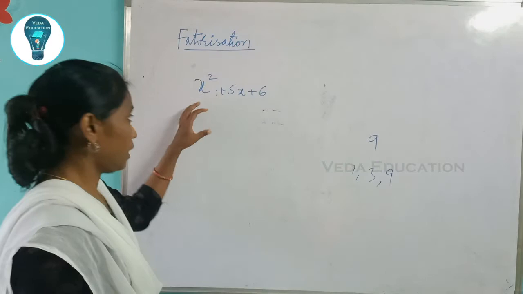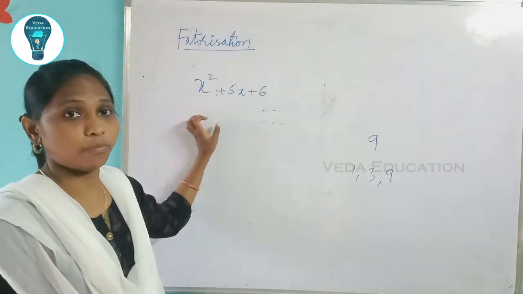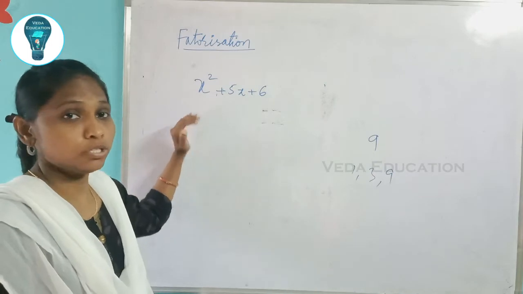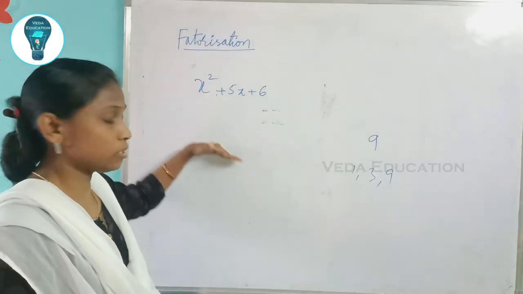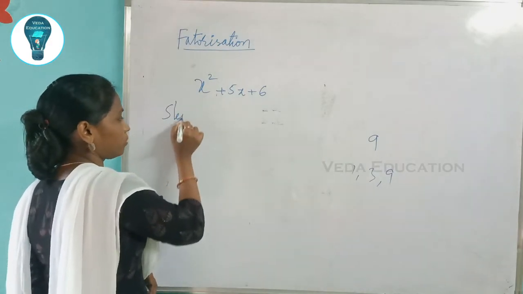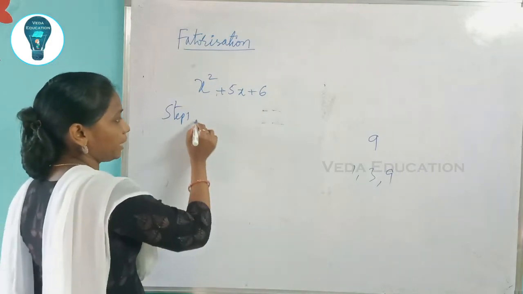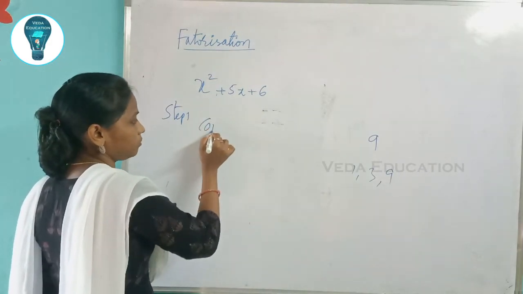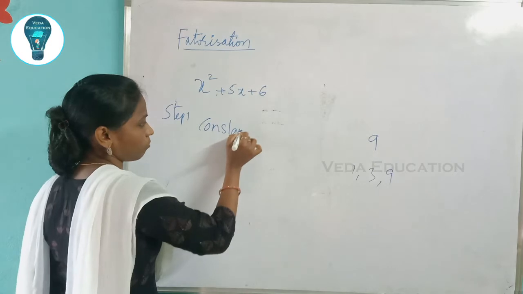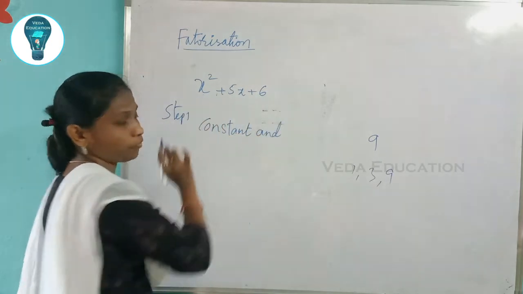So these are the factors of 9. Same thing here, for the given polynomial x square plus 5x plus 6, which polynomials divide it exactly? To calculate that, we have a process. First process, step 1: multiply the constant and the coefficient of x square.